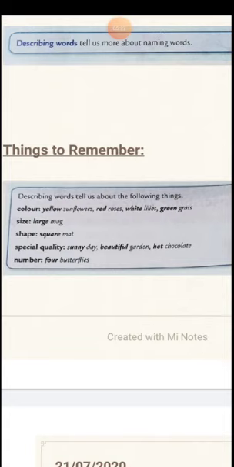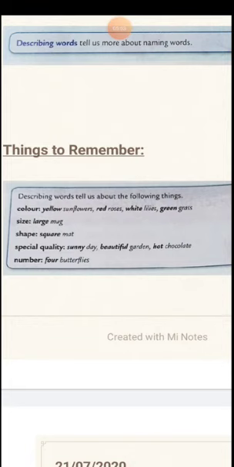The describing word can also be the shape of the naming word. So for example, here the naming word is mat. How is the mat? What's the shape of the mat? It is square. So we say square mat. We don't say mat square.